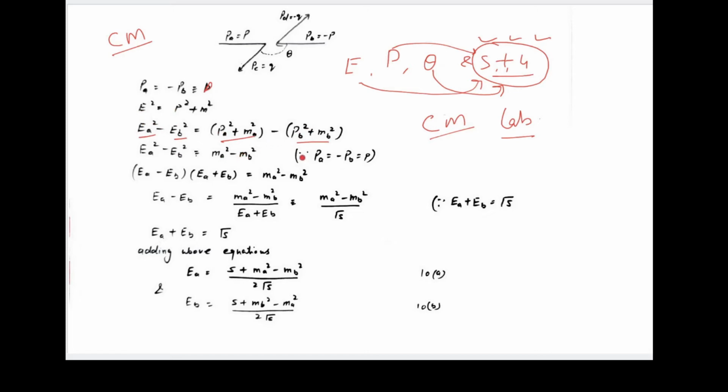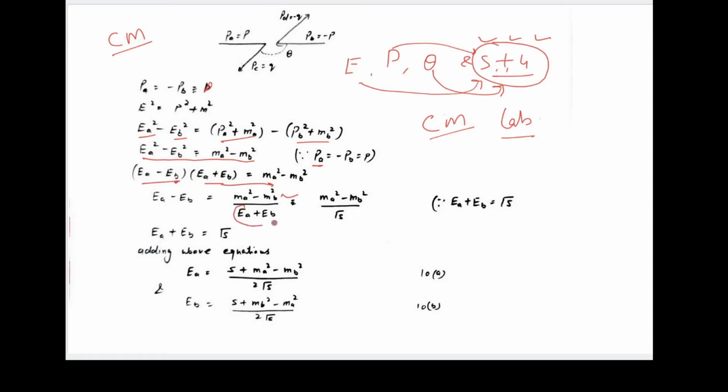Now we know PA is equal to minus PB, hence P gets cancelled with P, and we get this. Now EA square minus EB square equals EA minus EB times EA plus EB. So from this we take this side, and we get this.